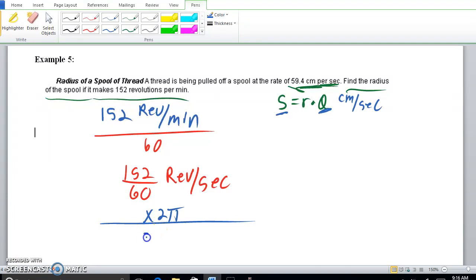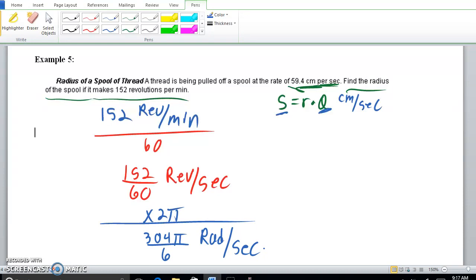So this would be 304 pi divided by 60 when I multiply the 2 pi by the 152 on top. So now instead of revolutions, that's going to be radians per second. So now I know how many radians the angle is going every second. And once again, if you wanted to, you could put it in the calculator so you have a better idea of what that number looks like.